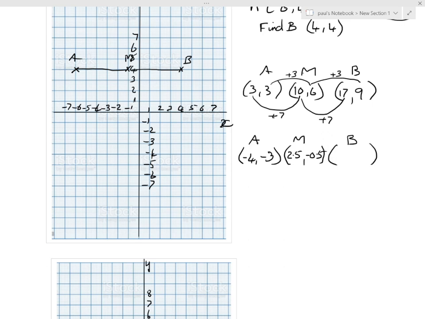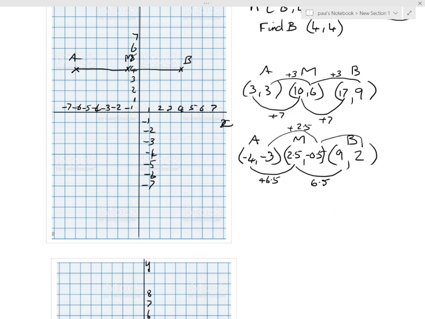So we need to add 6.5. From there to there is 6.5. So add another 6.5 there, and we have 9. Now from minus 3 to minus 0.5 is plus 2.5, so we need to add 2.5 onto that, which gives us, careful there, minus 0.5 plus 2.5 is 2.